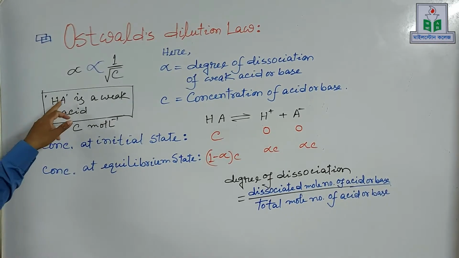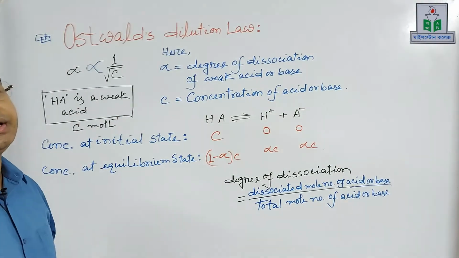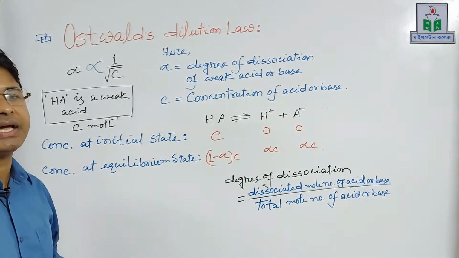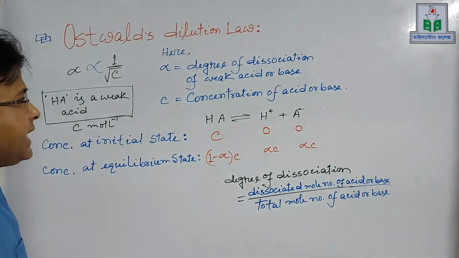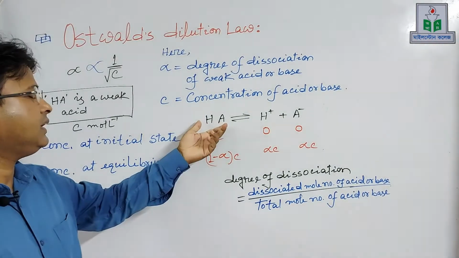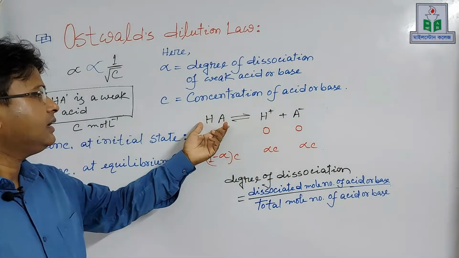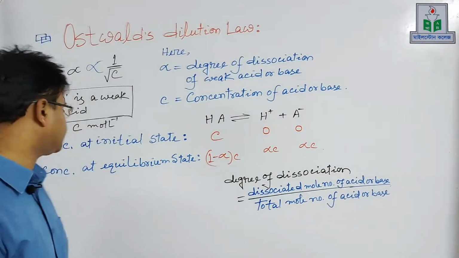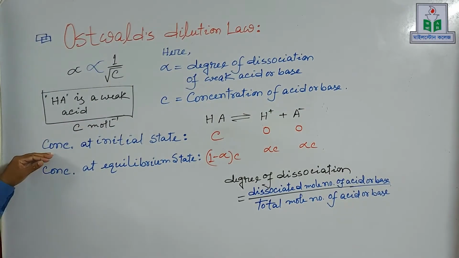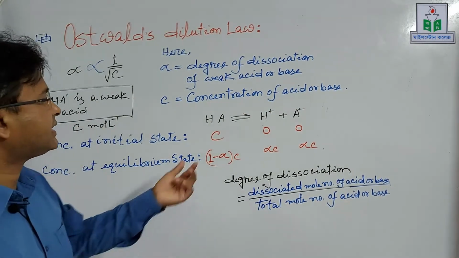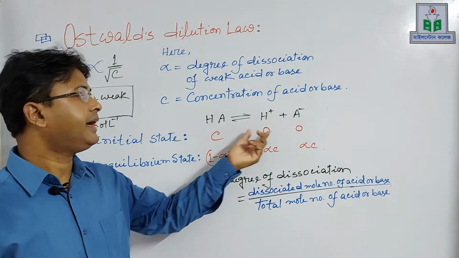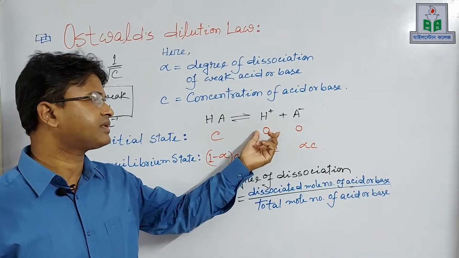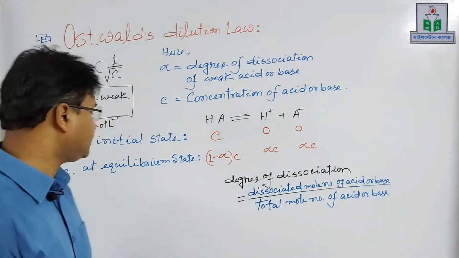As HA is a weak acid, it ionizes partially and exists at the equilibrium state as below. Here HA ionizes to produce H plus and A minus ion. The concentration at the initial state is given as C, and at the initial state there is no product, that is why the concentration of products is 0.